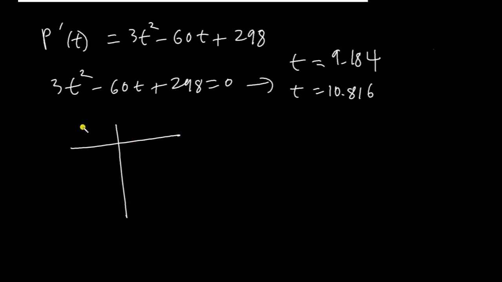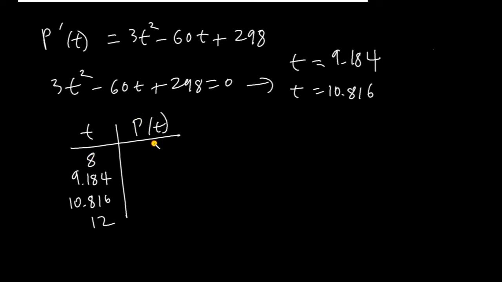On one hand, we're going to have t. On the other hand, we're going to have p of t. It's telling us the number of entries, right? So, in our table, we're going to have the endpoints, which are 8 and 12, and then these values, 9.184 and 10.816. And then for each of these, we're going to find the corresponding p of t value, okay?